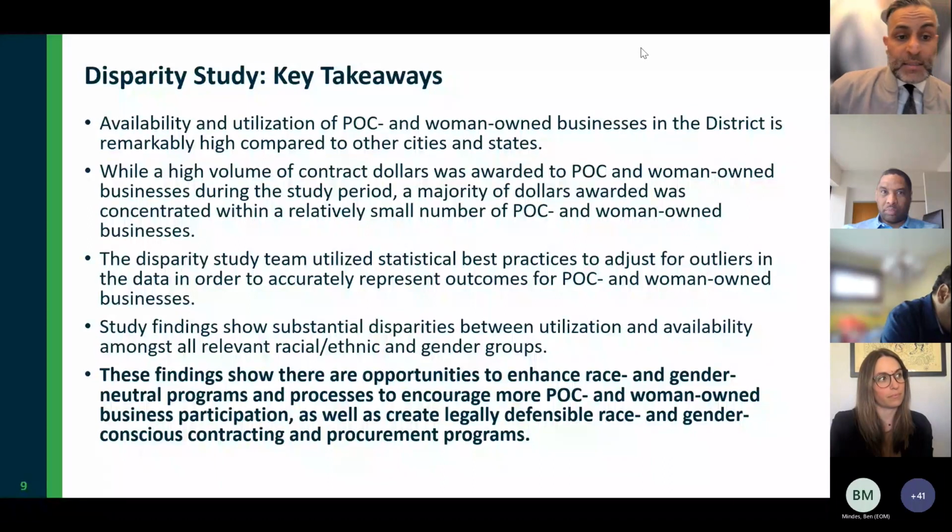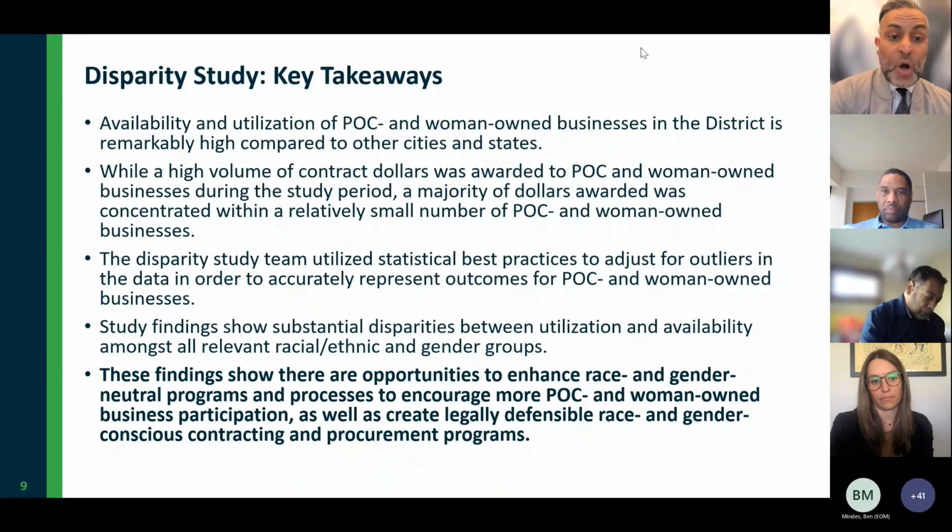In total, study results showed substantial disparities between participation and availability for all relevant racial, ethnic, and gender groups under different circumstances, and we will review those results in just a couple of minutes as well.